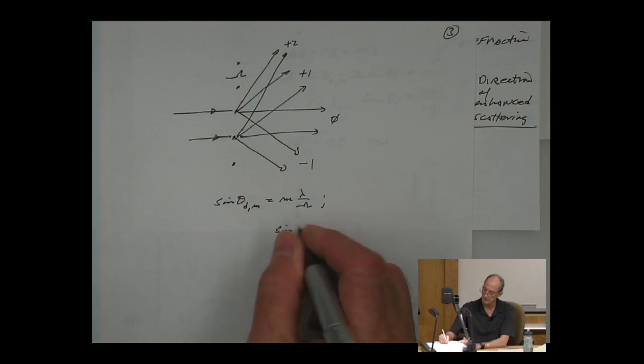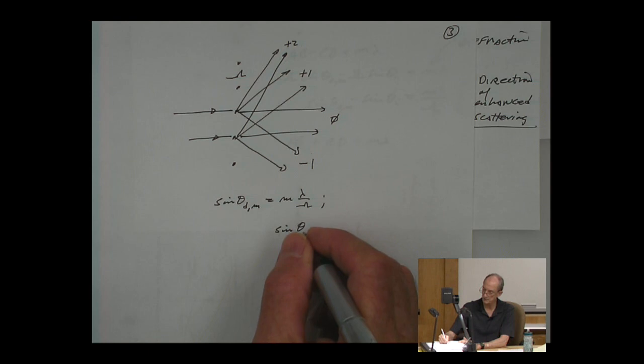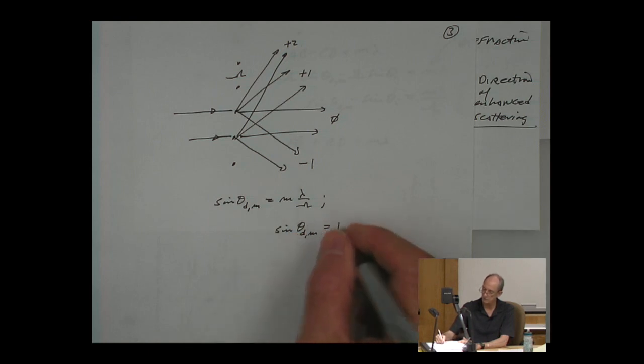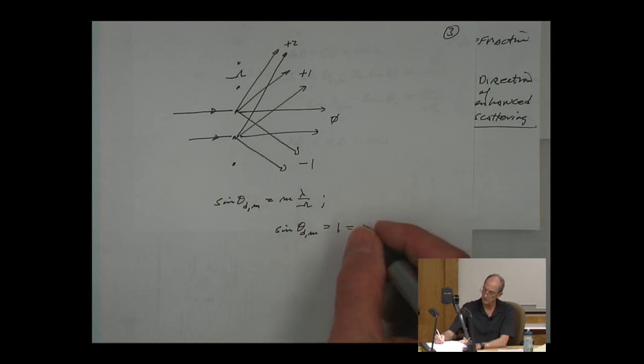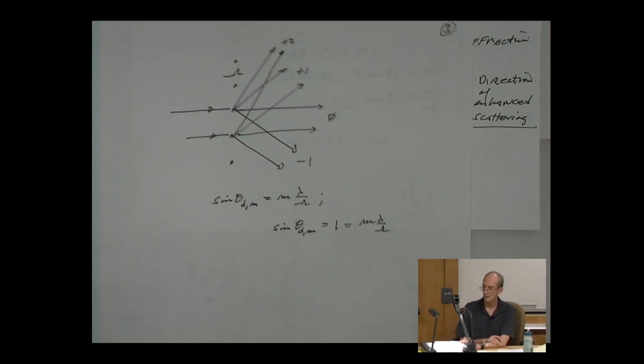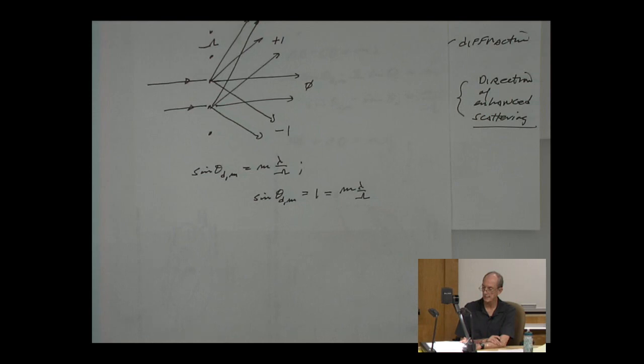So the maximum diffraction order that we would have is when sine of theta d m is equal to 1, and when this is equal to m lambda over the period, we would get our maximum value.